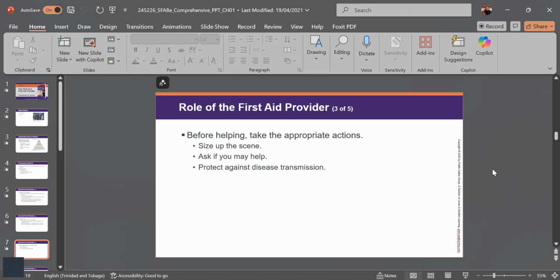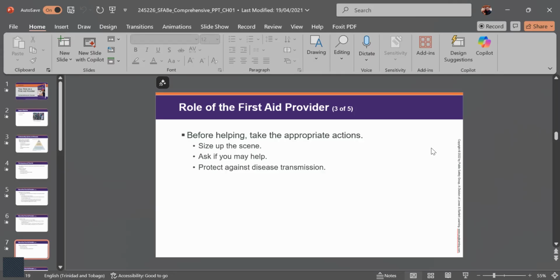Right. So what we're actually doing, we haven't gotten to the patient yet. We're still at the border or the entrance of the scene, right? When we're talking about sizing up the scene or doing a scene survey, as EMTs, paramedics, first responders or EMRs like to call it, we're looking at the scene or the location where the patient is for clues, for guidance.